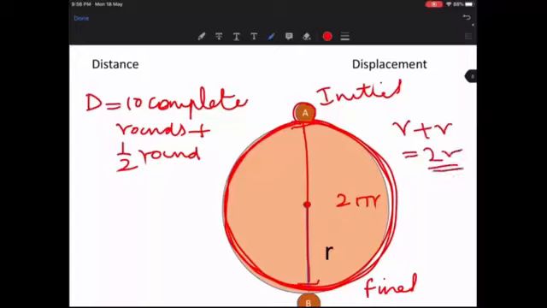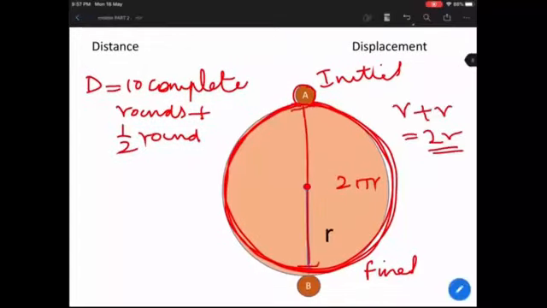So 2r is going to be your displacement. Is it clear? In the case of a circle, the distance is the actual path traveled. However, displacement is just the difference between A and B point, which is the initial and the final point. So I have told you about any straight path, any curved path, any circular path.